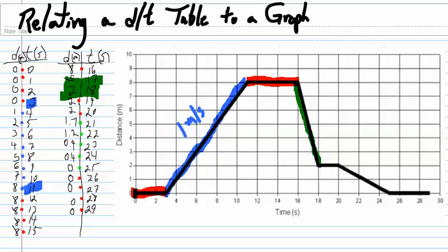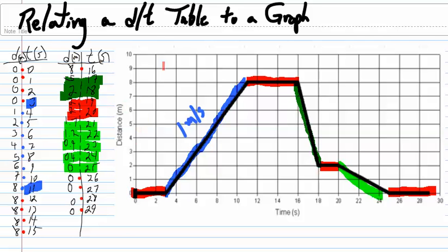Okay, then one more time, these numbers stayed the same, and that's where the object was stopped again. And then we noticed that the numbers changed very little, but they kept getting smaller, and that is this spot. And then finally the object was stopped again.